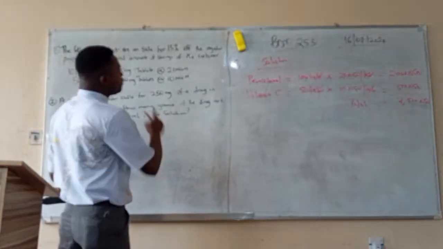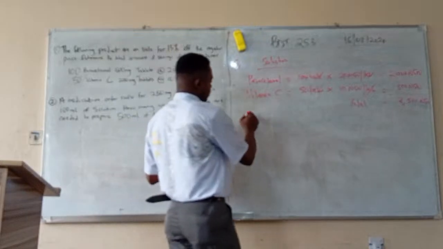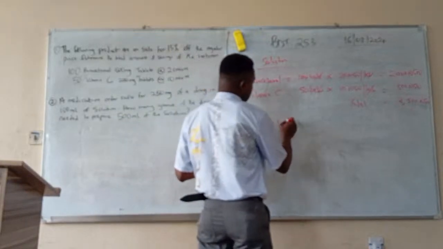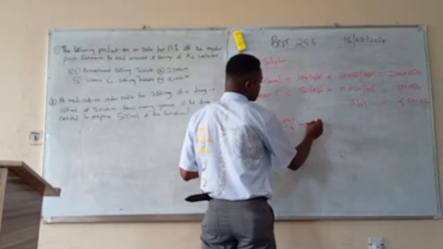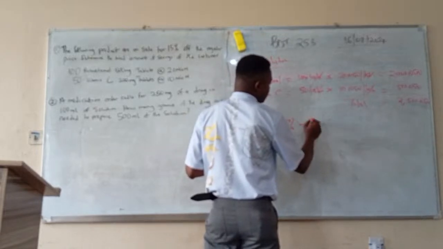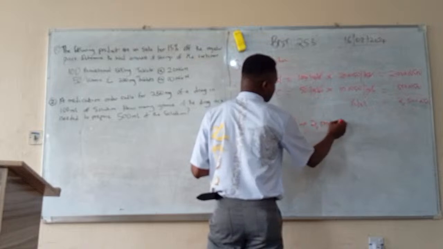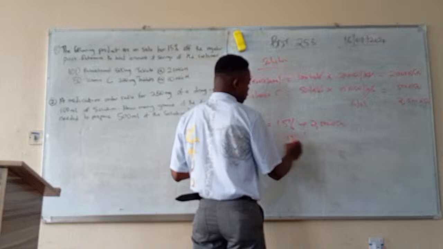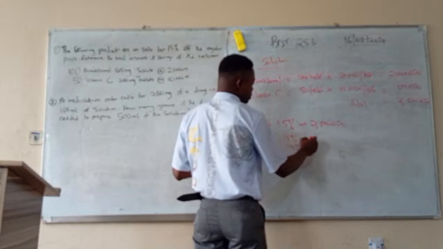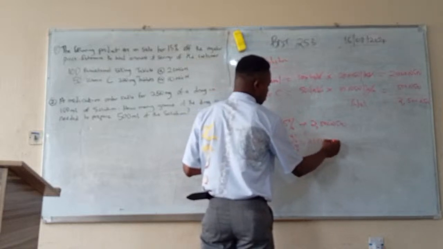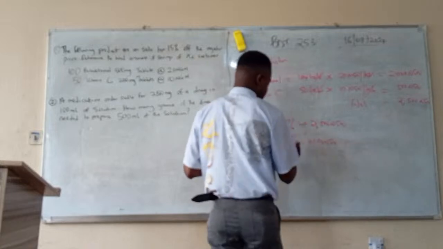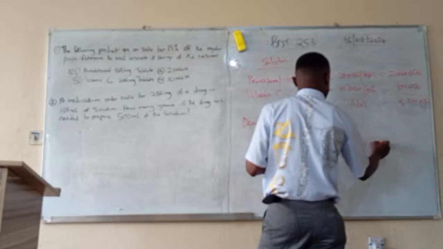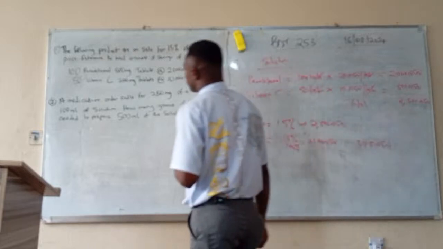So 15% discount is equal to 15% of 2,500 Nigerian naira, which is the same as saying 15 over 100 times 2,500. What's the answer? 375 Nigerian naira.